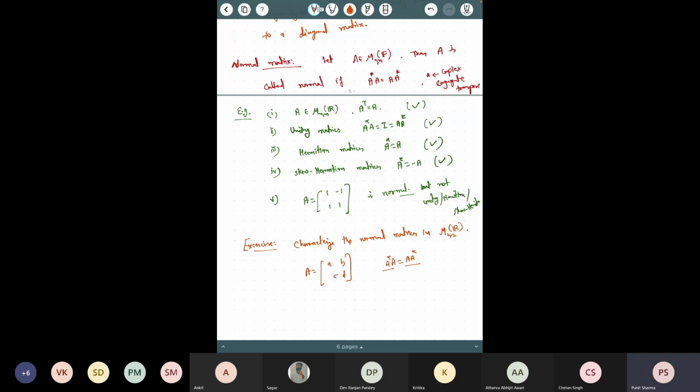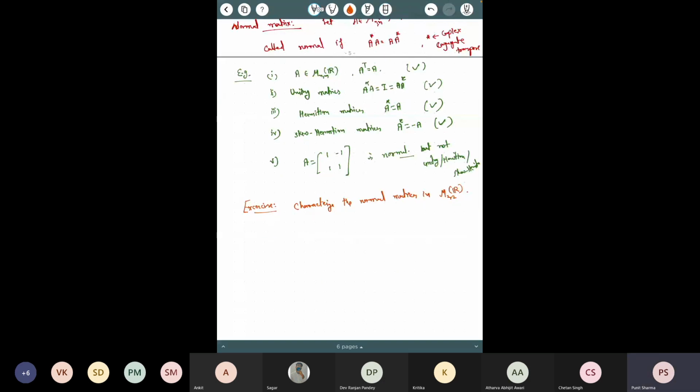All right, so then there is a nice result. Why are we interested in normal matrices? Because they form a very nice class of matrices, as such matrices are always diagonalizable. Not only diagonalizable, they are unitarily diagonalizable.